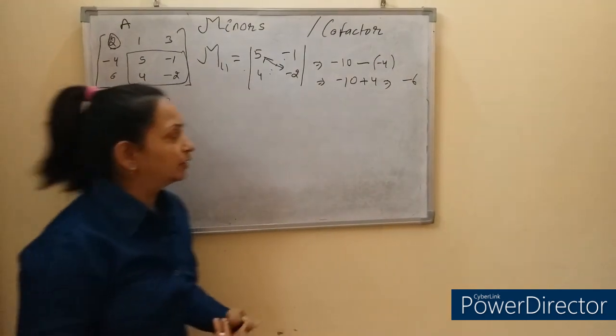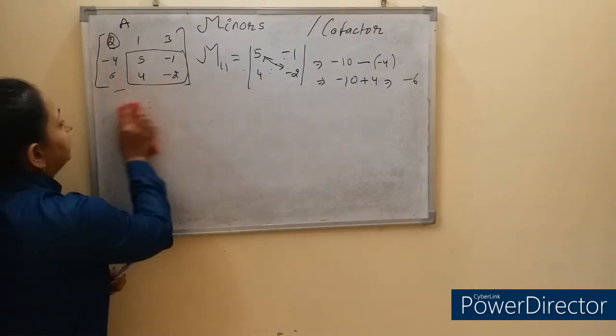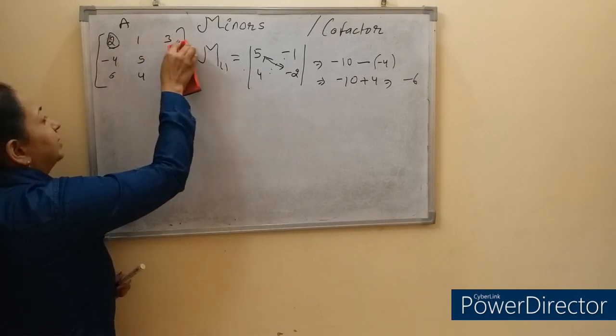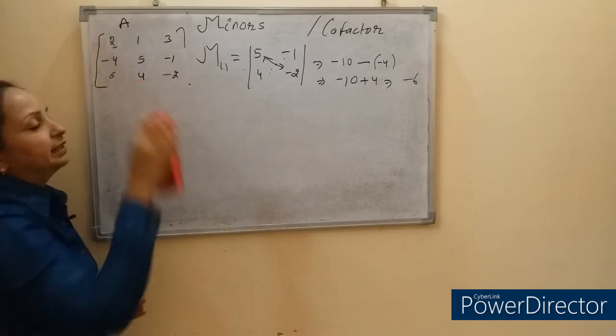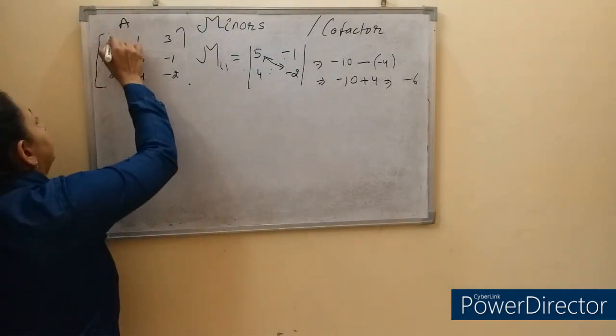I hope you got the point and the concept to find the minor. In the same way, we can find the minor of each and every element. The procedure is: eliminate the row and the column of that particular element and find the determinant of the remaining matrix.